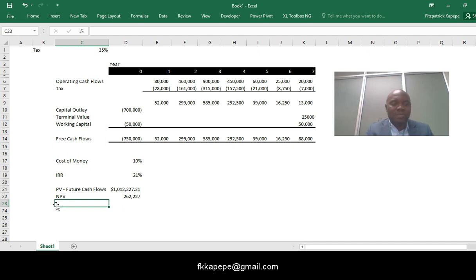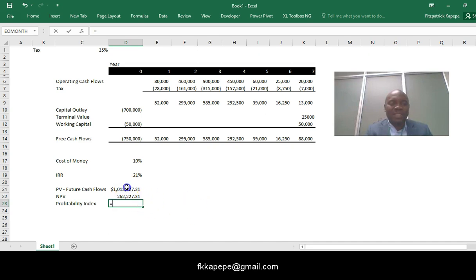Okay. From there now we do our profitability index. We compute the profitability index, which is basically the PV divided by the initial investment. This initial investment is both capex and the working capital.